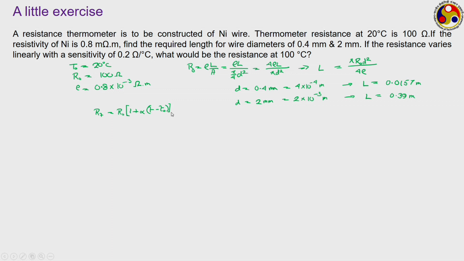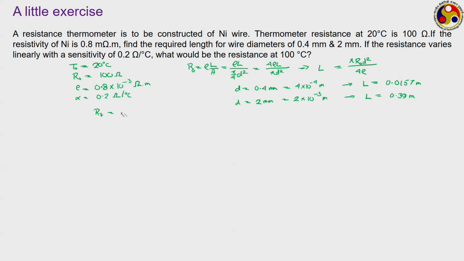Now, in this case R naught is given as 100 ohm, and alpha, which is the sensitivity, is given as 0.2 ohm per degree Celsius. So, actually I have written the relation wrong, because sensitivity is given in terms of ohm per degree Celsius.